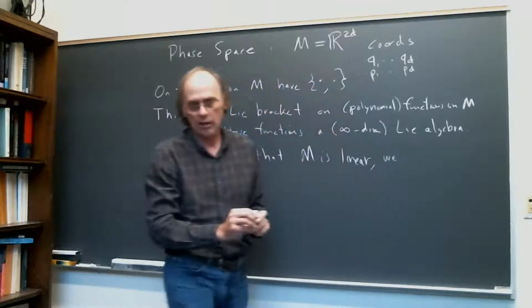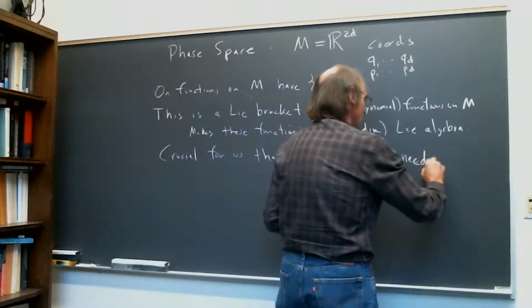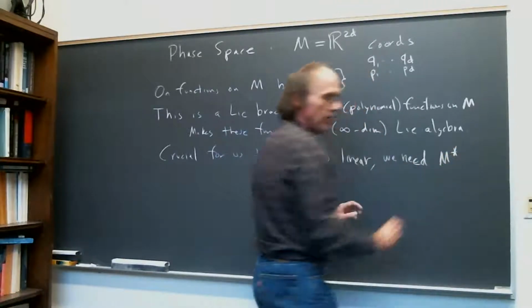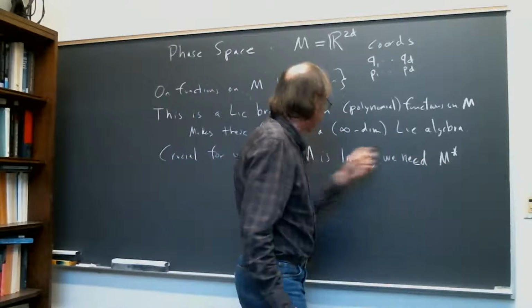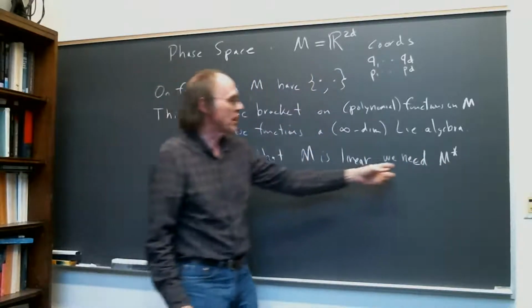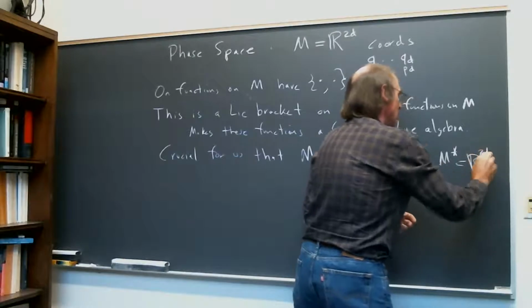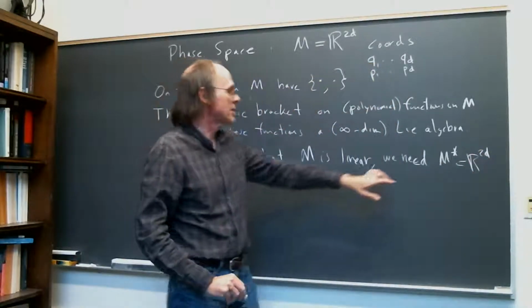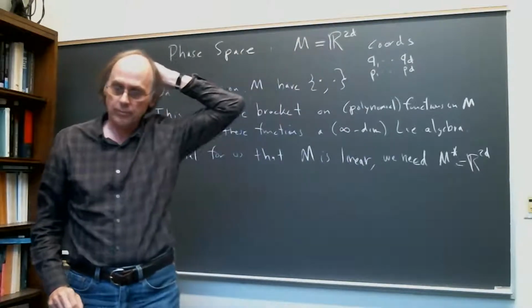So we're going to be thinking a lot about the dual space, which is the space of linear functions on here. This dual space is also R^2d, but it only makes sense if you start with a linear space.